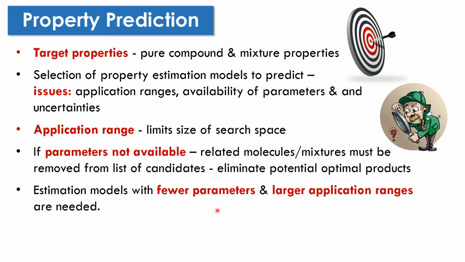If we consider parameters for molecules, then the application range will be lower, because if we have parameters based on molecules, then the only system that we can predict using the model is that particular molecule, right?